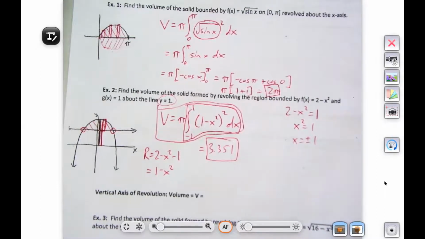Well, what the heck are you doing, Evan? Okay. 1 minus x squared squared. I don't think you want this parenthesis. The parenthesis you closed off after the squared is closing off the thing.